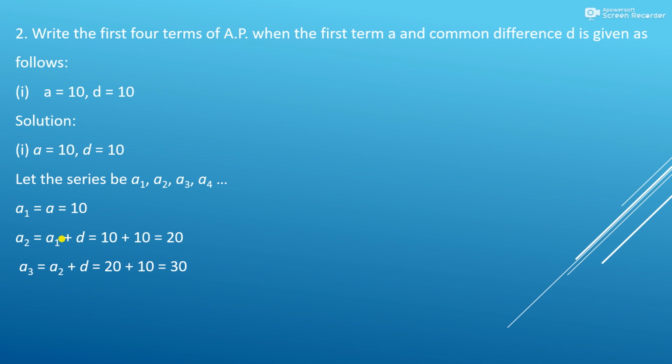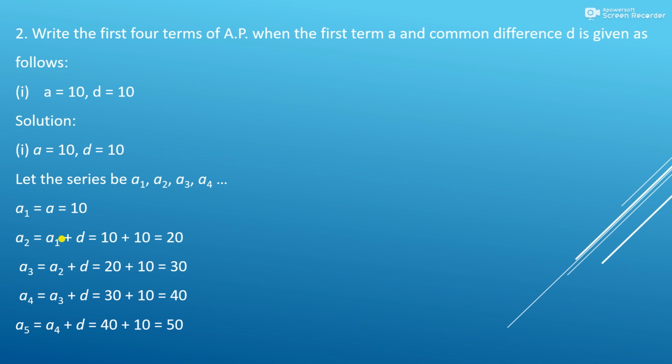So A2 is equal to 20. Next, third term is formed by adding common difference to the second term, that is 20 plus 10, that is equal to 30. Fourth term is found by adding common difference to the third term, that is 30 plus 10 is equal to 40. Fifth term 40 plus 10 is equal to 50.